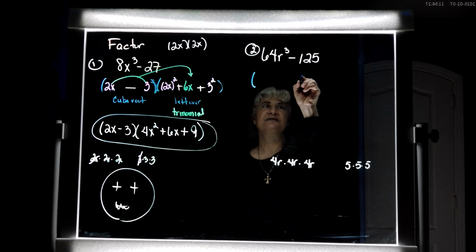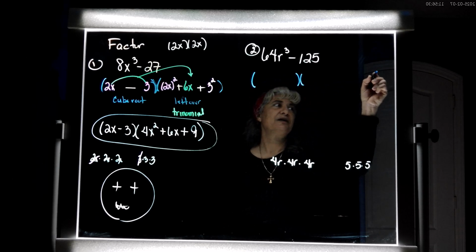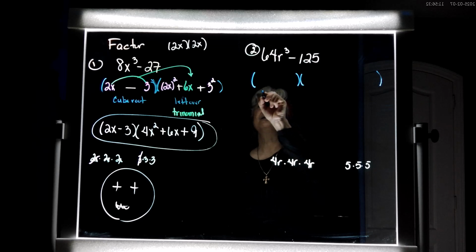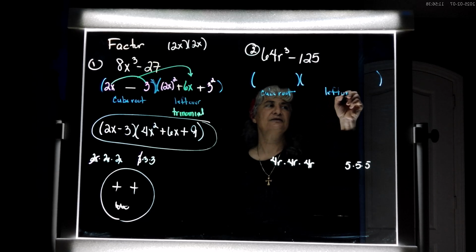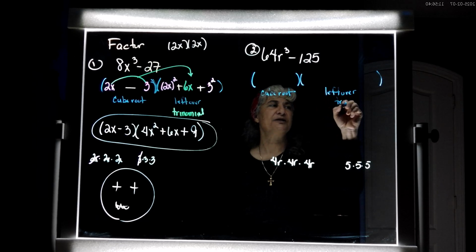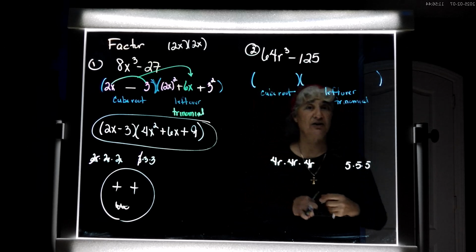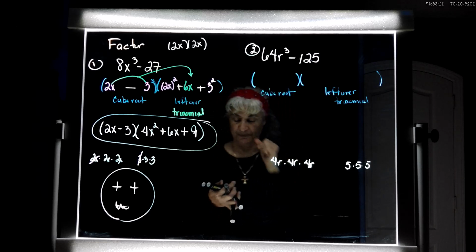All right. Now what? Good. 2 parentheses. First parenthesis is called the cubed root. Second parenthesis is called the leftover. Oh yeah, it's also a trinomial, isn't it? Got it. Hey, we might as well get it all written down while we're working on it.